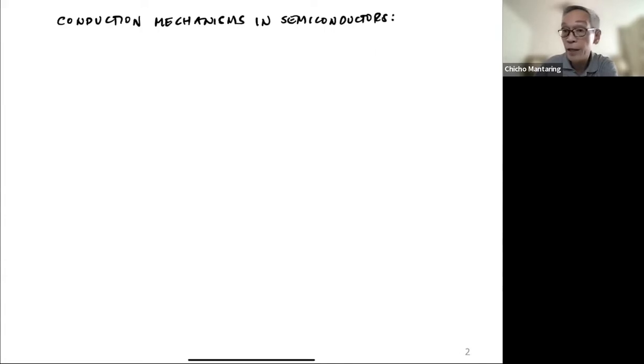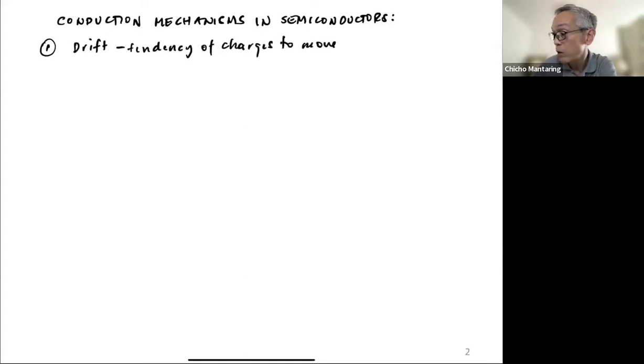And the first conduction mechanism that we talked about is drift. And this is the tendency of charges to move in the presence of an electric field.